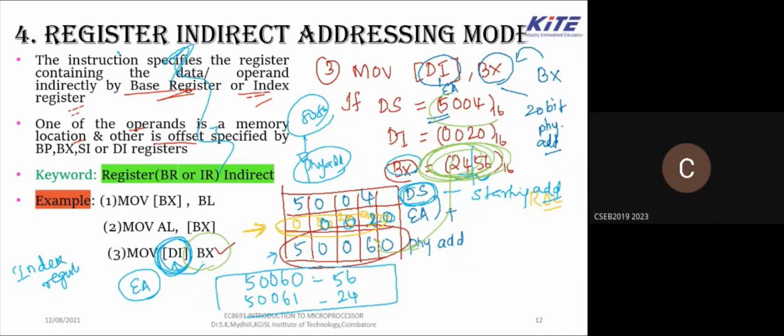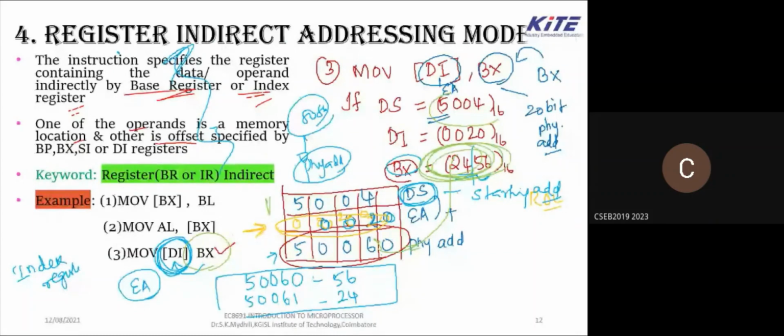You shouldn't specify 50602456. It is split into 8 and 8 bits. The least significant byte is loaded in the first half and the second is loaded in the next. Are you clear now? So 56 is loaded first and then 24 is loaded, taking 8 bits. Yes, ma'am, we are just moving the content.